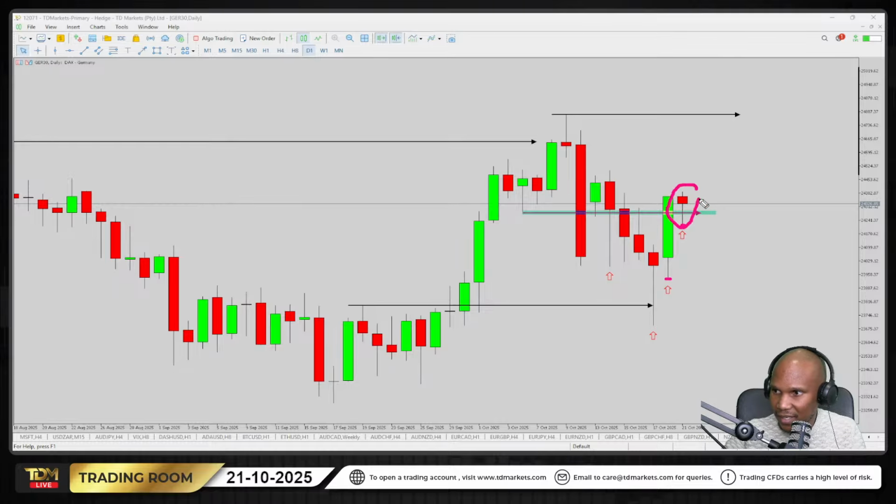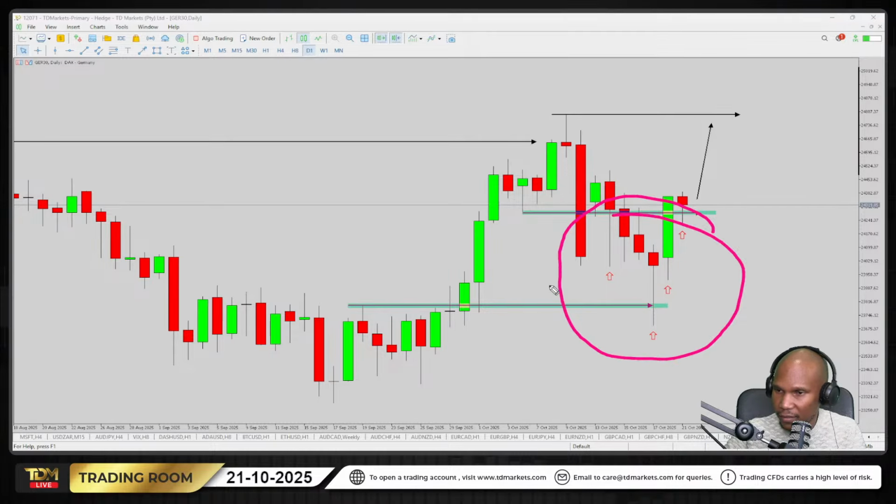So this current daily candle, if it closes like this, then the probabilities are high that price is going to resume trading towards the upside, right? Not only because of this candle, but because of this whole formation here. Look at where price went down to. It went back down to test this area, and then we see this formation.